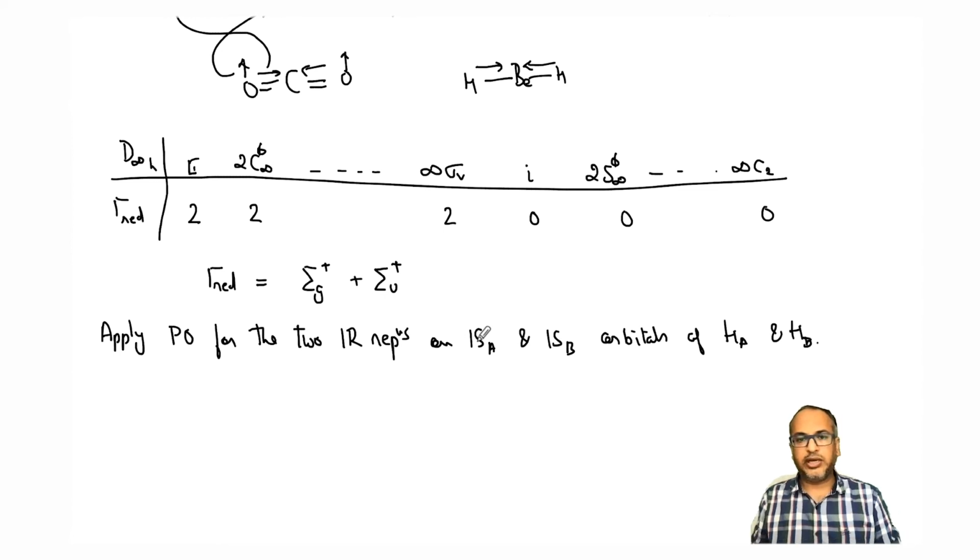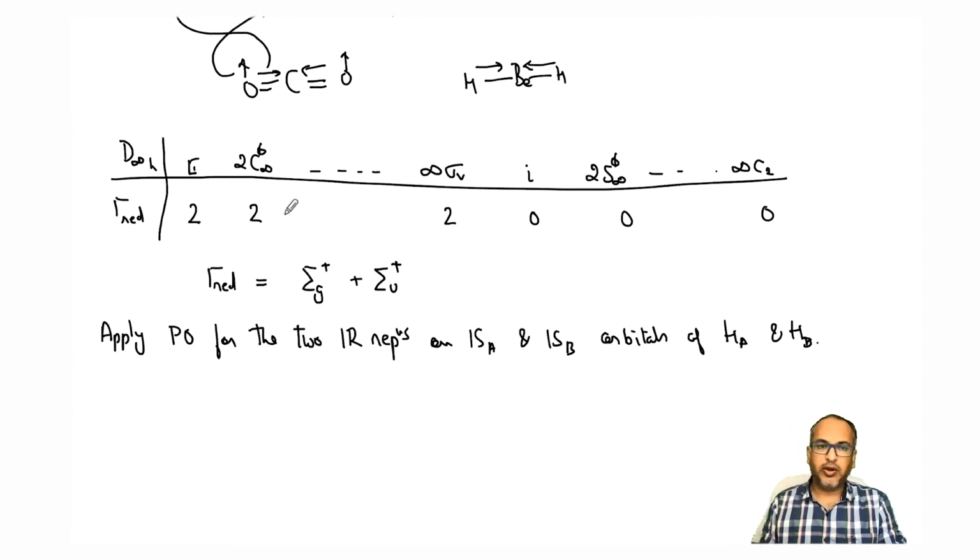Actually, you don't need to apply the projection operator, because if you combine 1sa and 1sb in a 1:1 ratio, you know you will get the totally symmetric combination, and if you subtract one from the other, you will get Σu as the basis. So you can just do that, or you can go methodically and apply projection operators, which will be difficult, but you can still manage to do that.